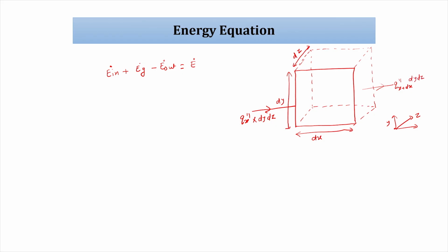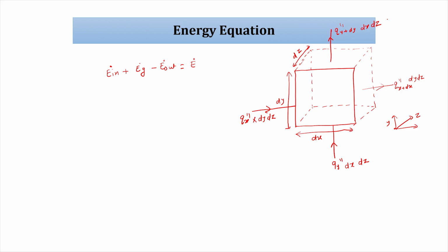Similarly, in the y direction, q y double dash, and the area is dx and dz. What is coming out here? q y plus dy double dash into dx into dz.